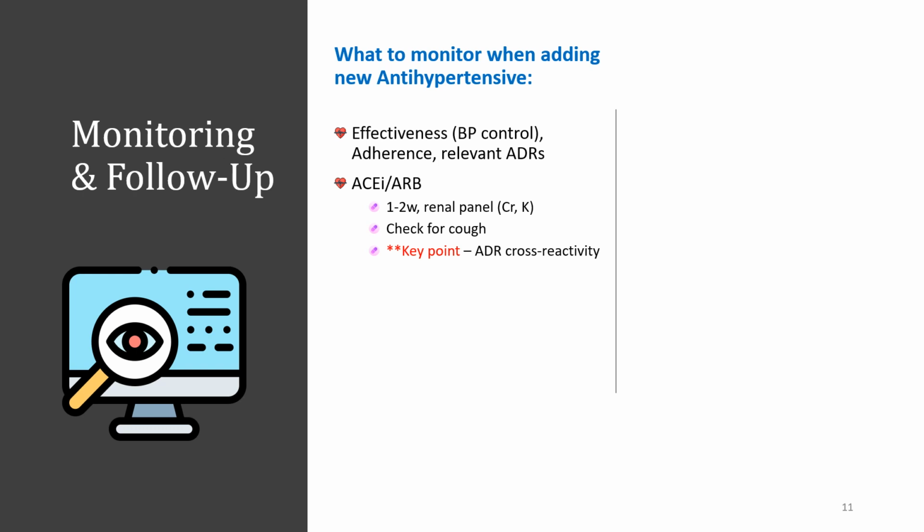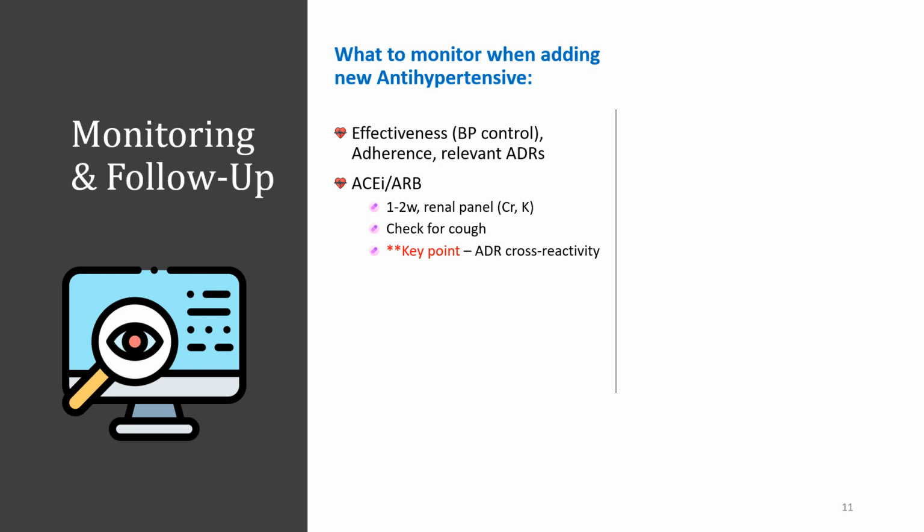The other ADR that is commonly seen as a cross-reactivity reaction is really angioedema. And angioedema is potentially life-threatening. So please be very, very careful if someone has been labeled with an angioedema to ACE inhibitors.